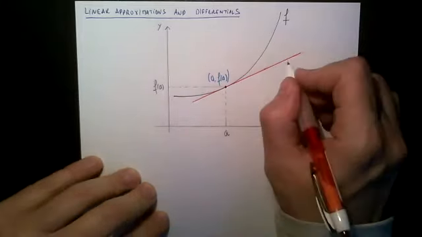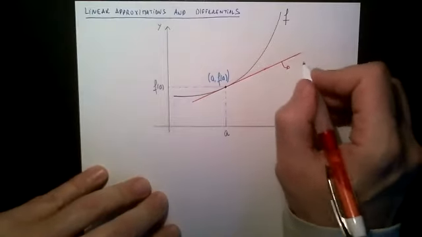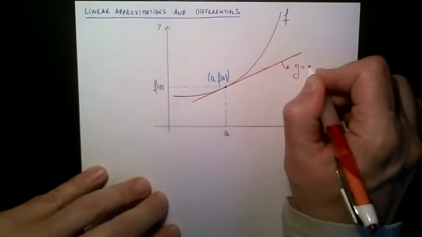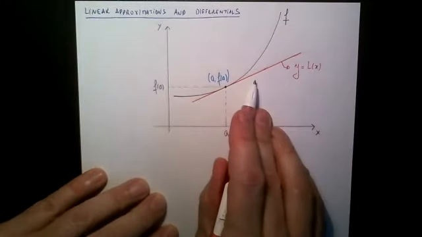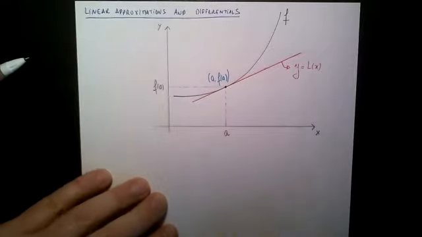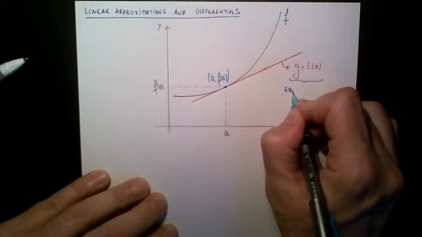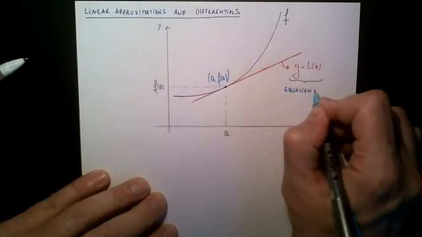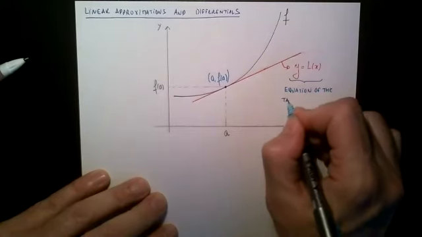So the equation of this tangent, I'm going to call it y equals L of x. That's the equation of this line, the equation of the tangent line.